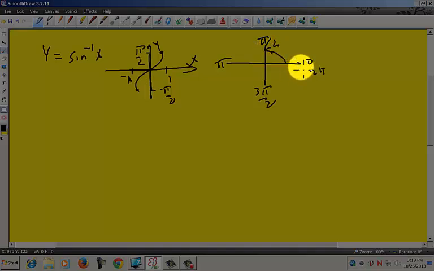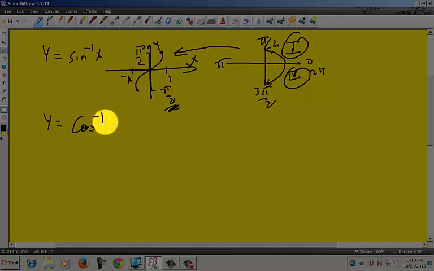Now, if I want to go to negative pi over 2, I have to go down, so it goes in that direction. So sine inverse exists in the first and the fourth quadrant. Sine inverse exists only in the first and the fourth quadrant. It doesn't exist anywhere else because of that graph right there. You have to remember that. What about cosine inverse?